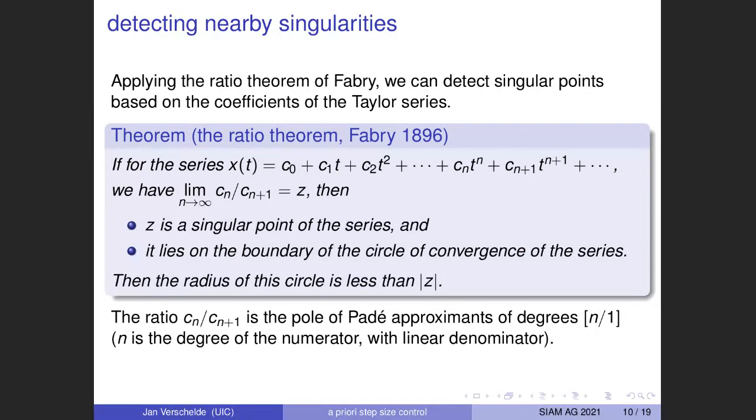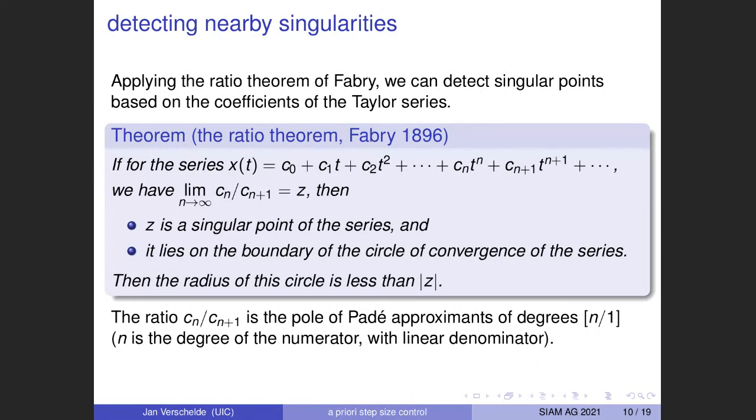I mentioned the poles of the Padé approximants already. Here is an old theorem, the ratio theorem of Fabry, that tells you that you can predict nearby singularities by looking at the ratio of the coefficients of the Taylor series developments of the curves.